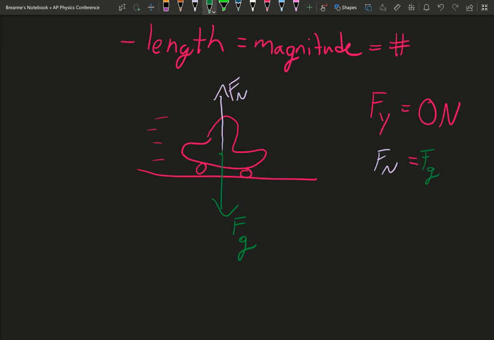Okay? So their lengths need to be the same. The length of normal has to equal the length of gravity. Again, they're not going to take a ruler and measure it. It just needs to be close.